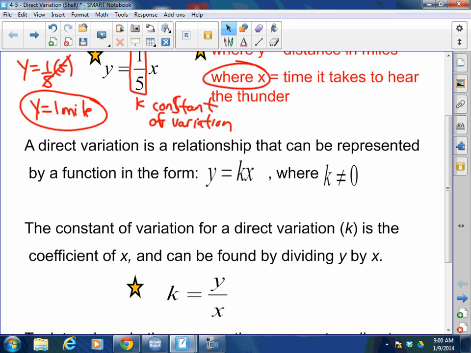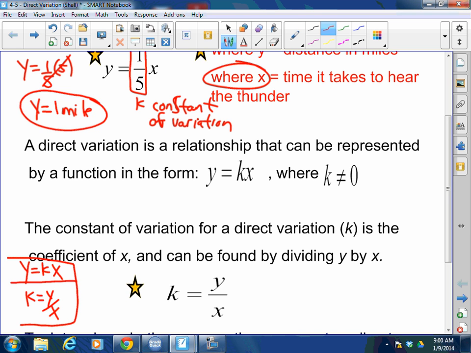So I have two formulas that I work with. I have the direct variation, which is y equals kx, and I can solve for k by dividing y by x. I promise it's all going to come together now. You guys with me so far?